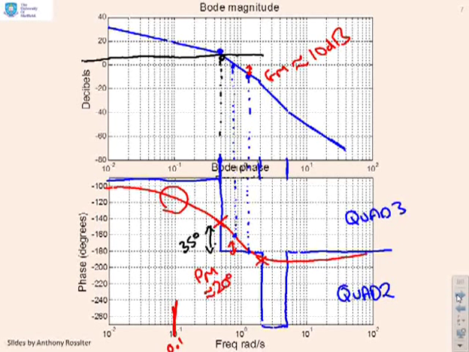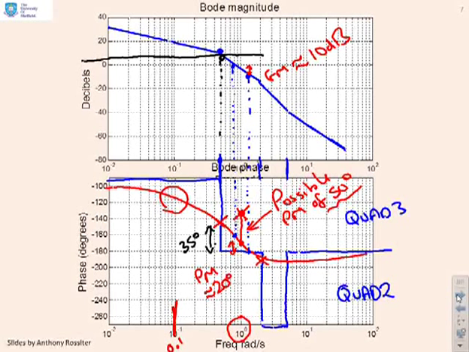Okay, so at omega equals 1, that's down here, we're going to be lifting this by about 35 degrees. So in other words, we're going to lift it up to somewhere like here. Okay? And that will give us a possible phase margin of, now if it's lifted up to about minus 130, of around 50 degrees.